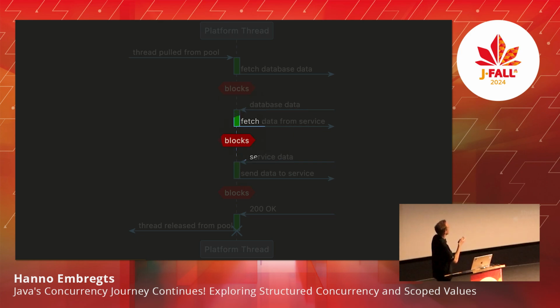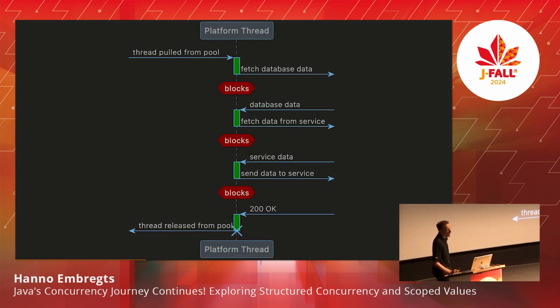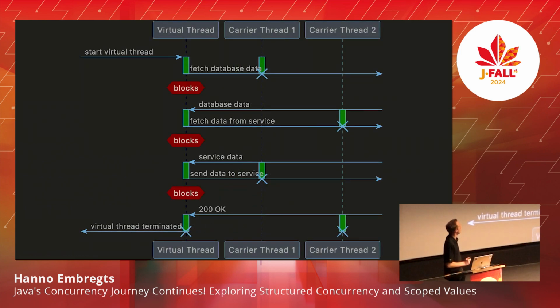And again, with an external service, we block. Then we send some data to a service, and block again until we get a 200 OK from the service. We can release the thread again to the pool. So there are 3 periods of time where this thread is not able to perform any more work, and it is blocked. If we would translate this to virtual threads, this is what would happen.